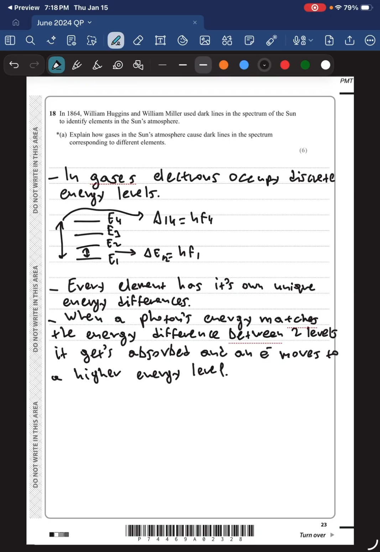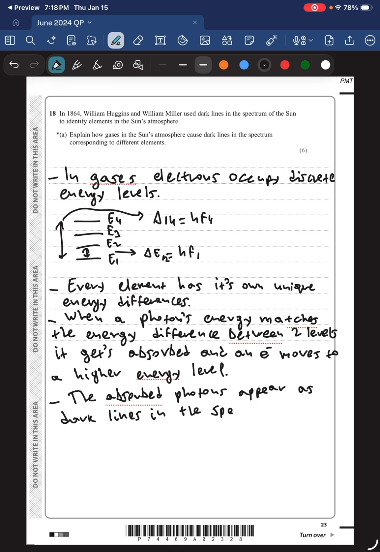Okay, so the absorbed photons appear as dark lines in the spectrum.